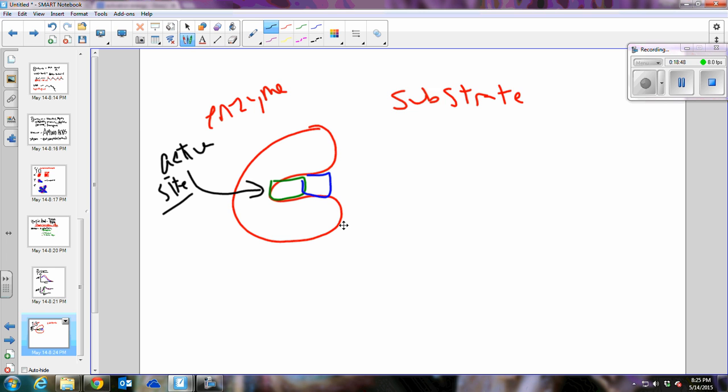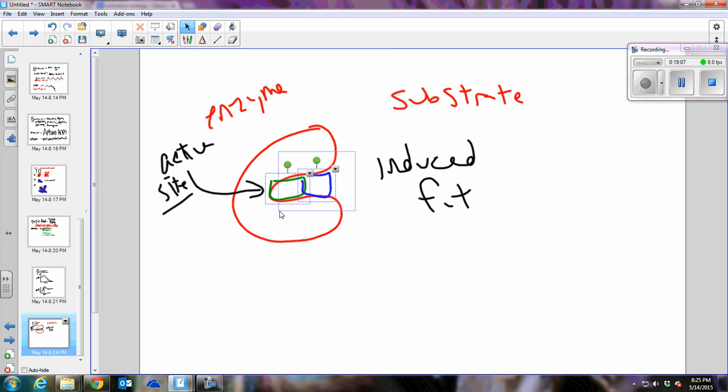It's called an induced fit. You actually have to kind of make the glove work around your hand, but it's definitely designed for your hand. And so there's an induced fit for these substrates in here, but once they enter into the enzyme, it will actually combine.